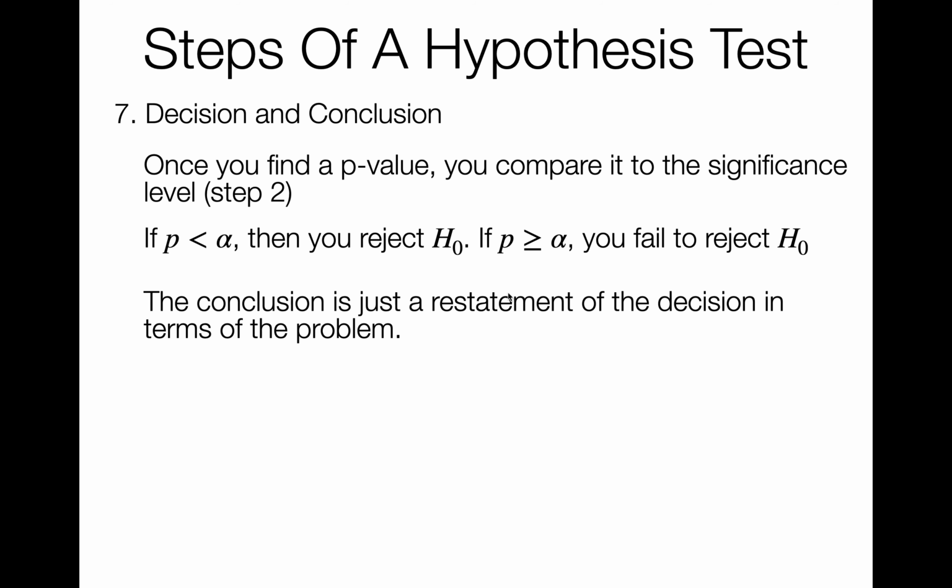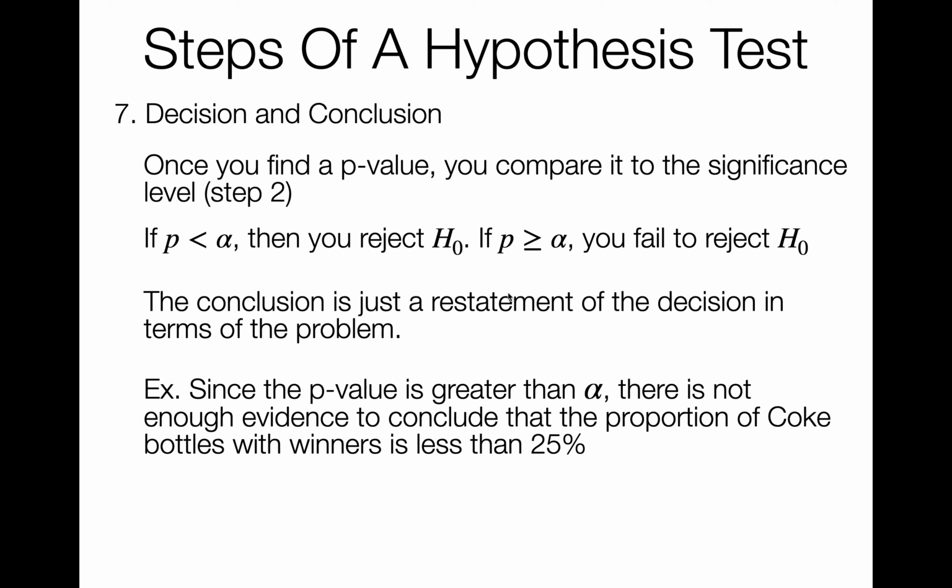The conclusion is restating the decision in terms of the problem. So what does it mean that I reject the null hypothesis or fail to reject the null hypothesis? That's what you're going to say. For example, this is how I would write a conclusion about that Coke problem that we were talking about before.